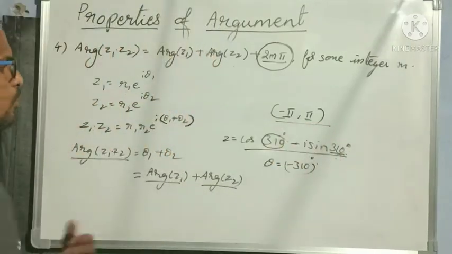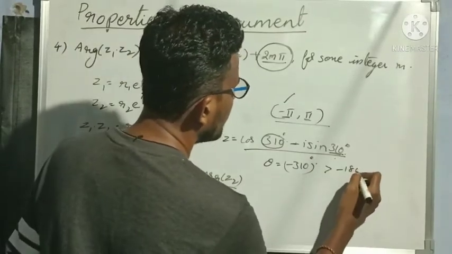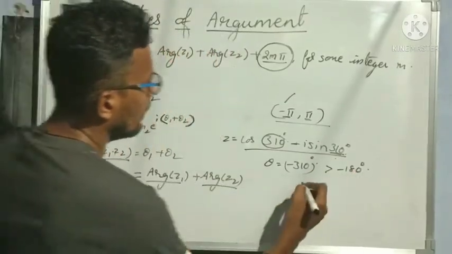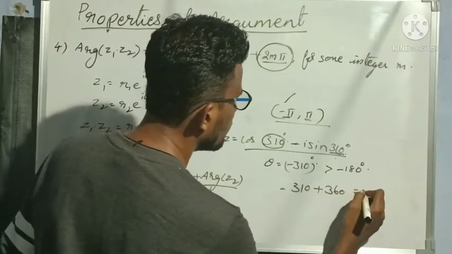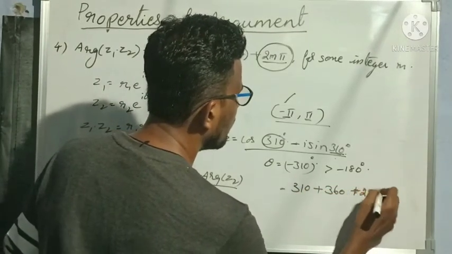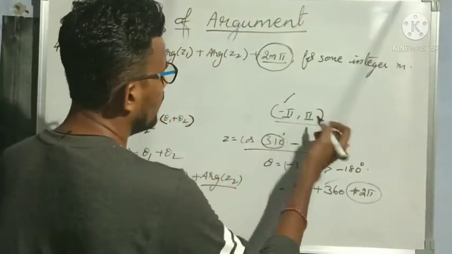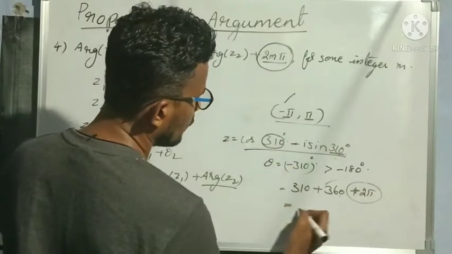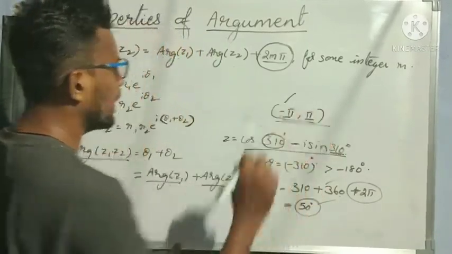This is beyond minus pi, less than minus 180 degrees. In that case we added 360 degrees, that is 2 pi, to make it fall in the principal value. Whenever I add 360 here, I get 50 degrees. This will be in the range of minus pi and pi.